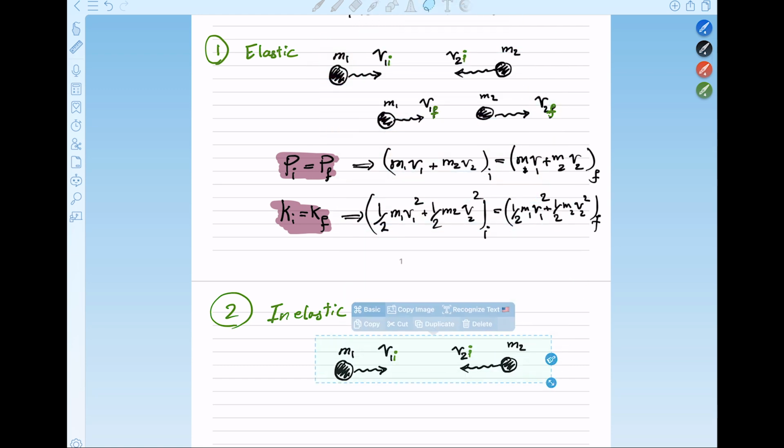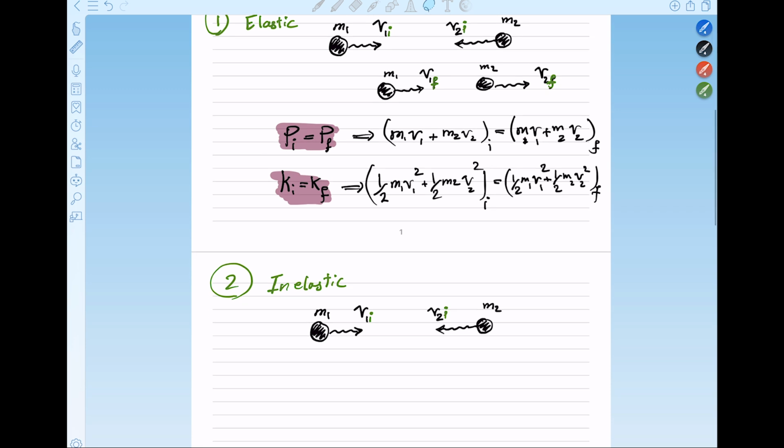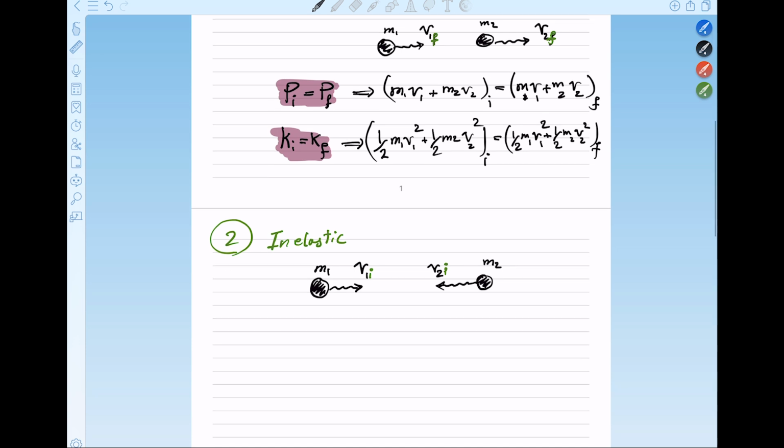You have one object with initial velocity v1i, another object with the other velocity v2i. I means initial. They collide, but this time after collision, they're deformed, they stick together, and we only have one deformed object with mass m1 plus m2.